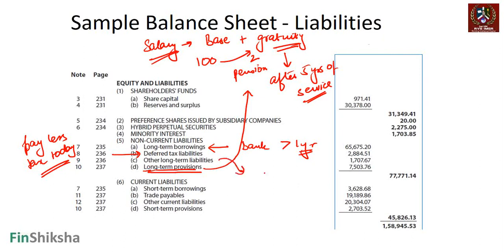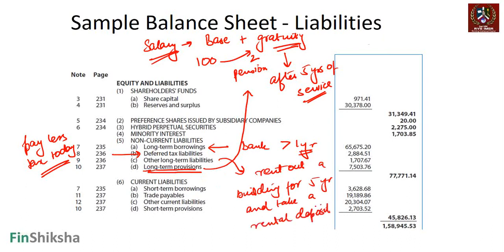Other long-term liabilities: let's say you rent out a building for 5 years, and you take a rental deposit, which is, let's say, 1000 crore or 100 crore or something, and you are going to pay this back once you end the lease agreement, right?